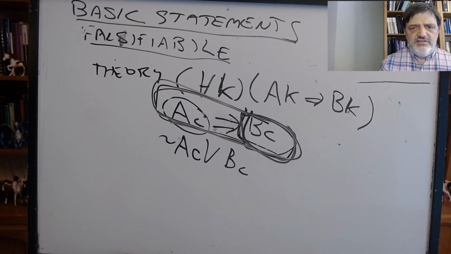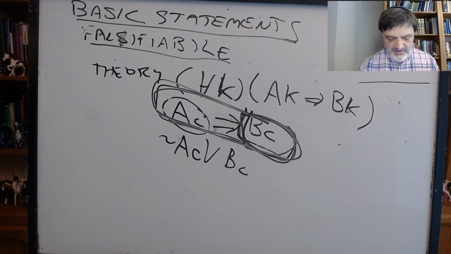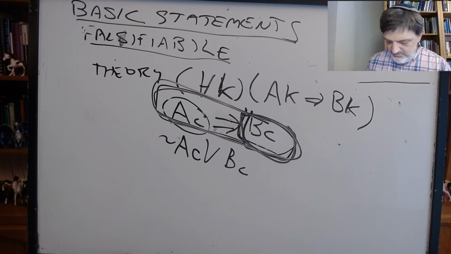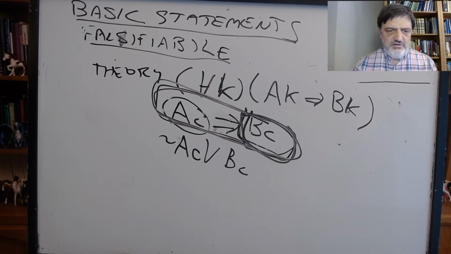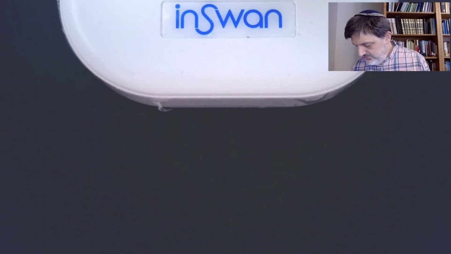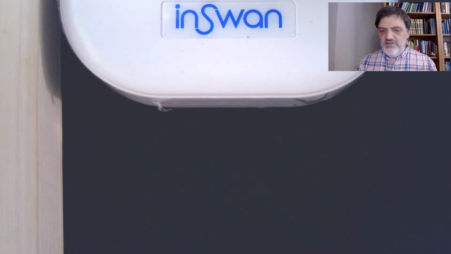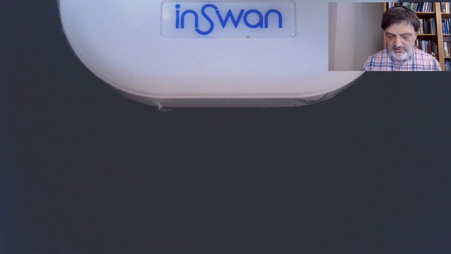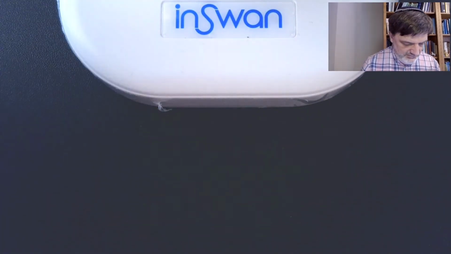To make this precise, what you have to say is, and I'll show you this in the book, this is in section 21, back in chapter 4, on page 65.